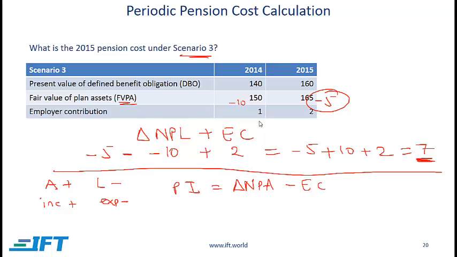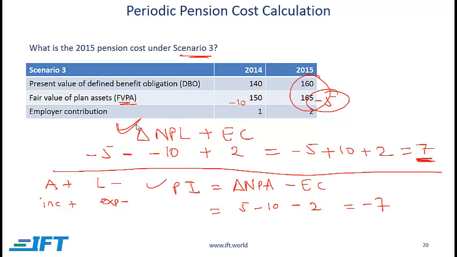So over here, what is the change in net pension asset? We have an asset of 5 at the end of the year, minus we have an asset of 10 at the beginning of the year. So you have 5 minus 10 minus the contribution, which is 2. So 5 minus 10 minus 2 is minus 7. The pension income is minus 7, which means that the expense is 7.